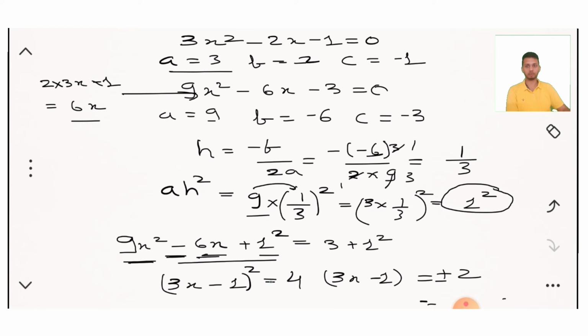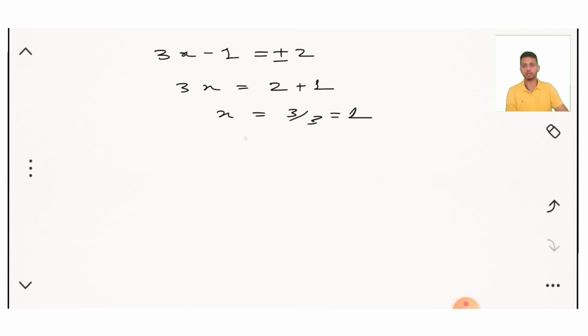If you take the square root on both sides, you will get this. So 3x minus 1 is equal to plus minus 2. So 3x is equal to 2 plus 1, so x is equal to 3 divided by 3, that is equal to 1.